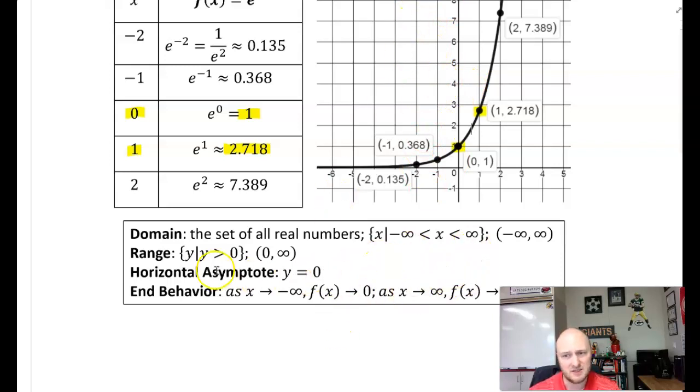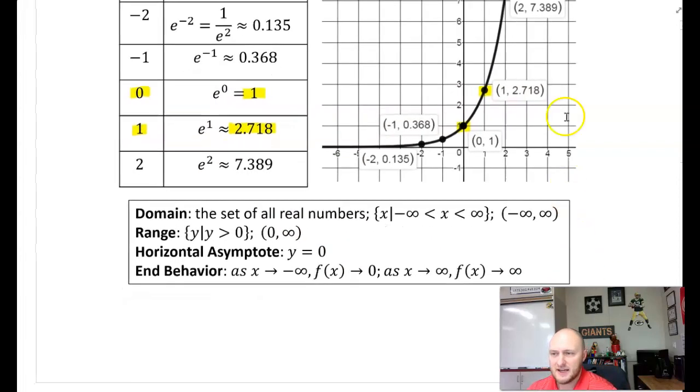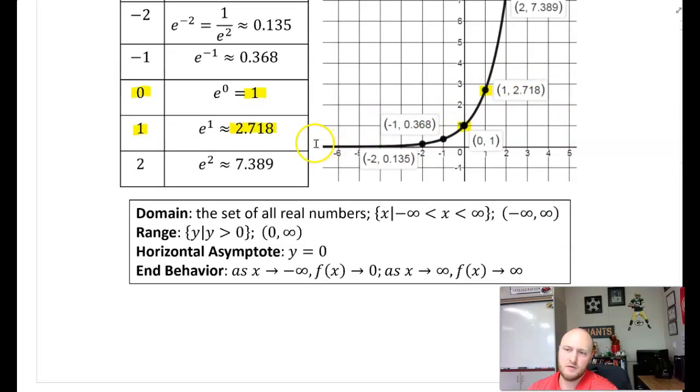Since our horizontal asymptote is y equals 0, that's our range. If our asymptote was shifted up 2, then it would be 2 to infinity. The end behavior, as x goes to negative infinity, our function approaches the horizontal asymptote, which in this case is 0. And then as x approaches positive infinity, our y values increase unbounded to positive infinity.